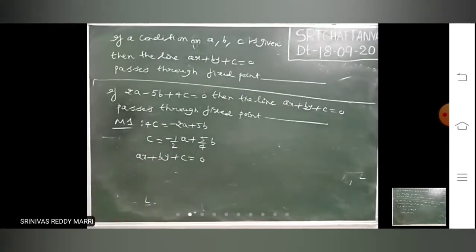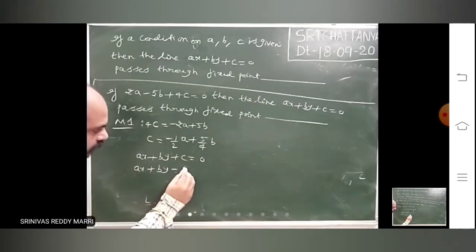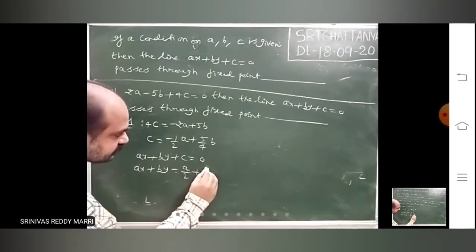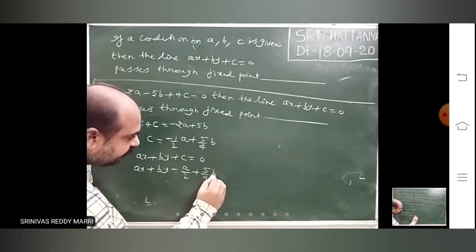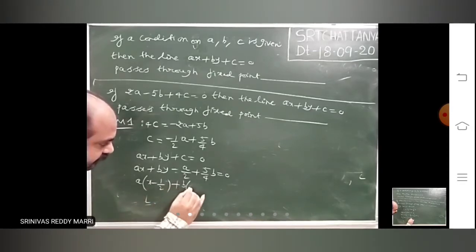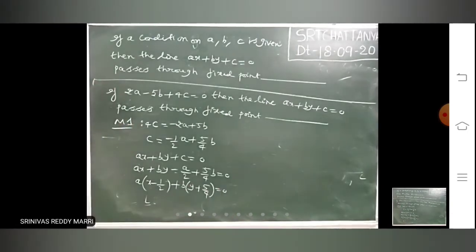AX plus BY plus C equal to 0. Substitute the C value: minus A by 2 plus 5 by 4 B equal to 0. Now take A common: A into X minus 1 by 2 plus B into Y plus 5 by 4 equal to 0.